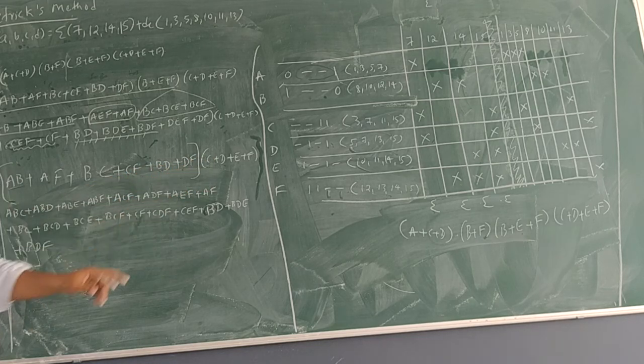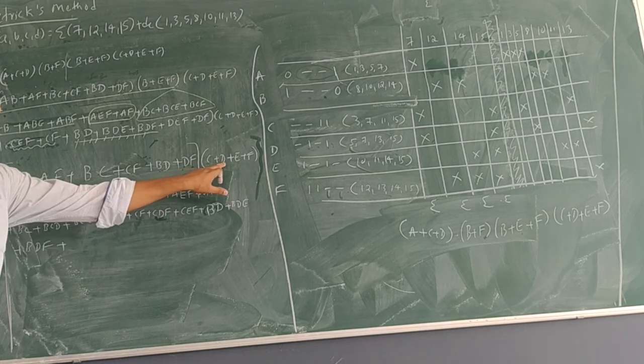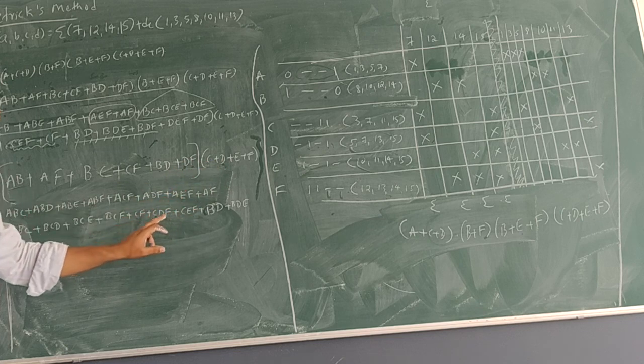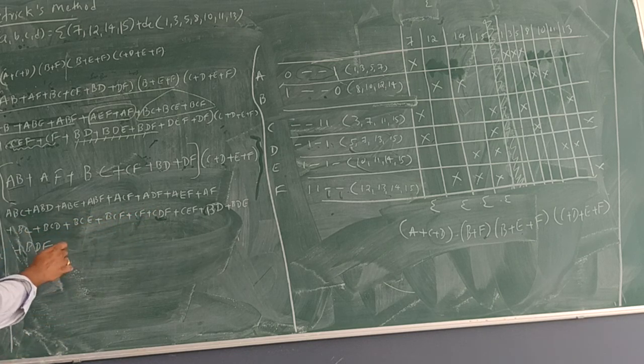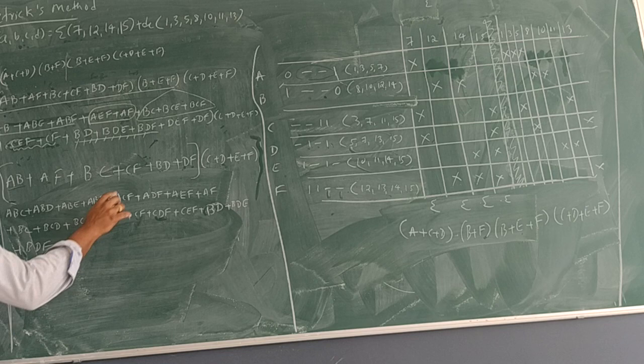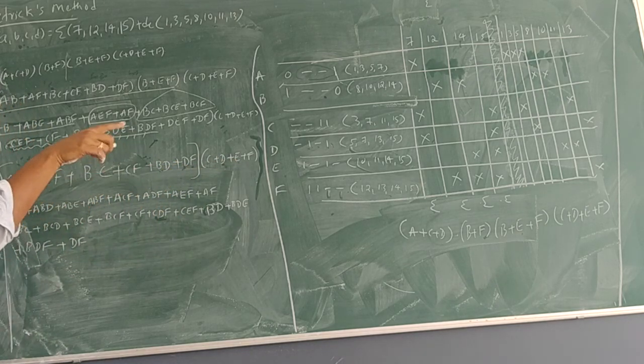Next, DF into C, CDF. DF into D, DF. DF into E, DEF.